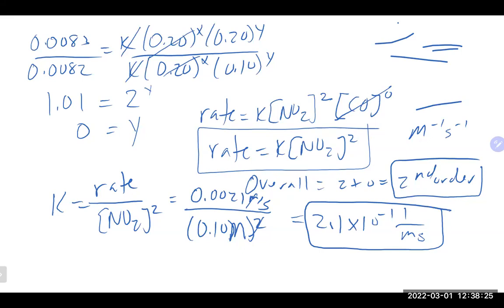Sometimes people go by the equation and just call it that, based on how it's written in the equation. Some people go by the table as to which one's first in the table. So it doesn't really matter as long as you know what it is, because in the end, you're going to write a rate law that looks like this, where you would not really include numbers, but you would include what it is with the order associated with it. So as long as you keep track of which one goes with which, it should be okay.